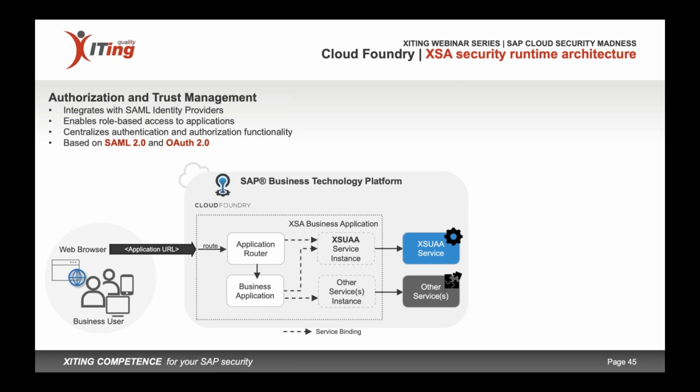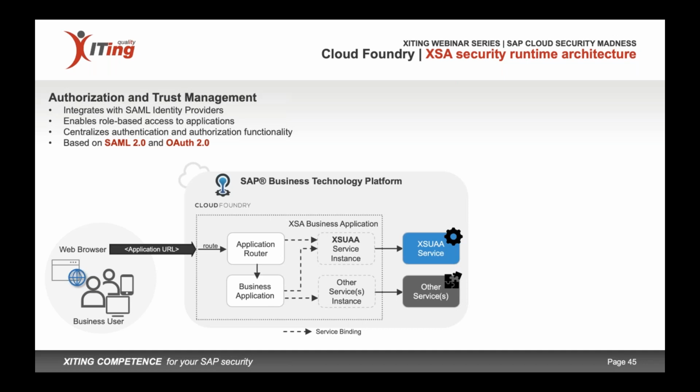So here, I try to summarize this very shortly. Here you can see more or less that the SAP Cloud Foundry environment offers the so-called extended application services advanced model, so the XSA, that enhances the Cloud Foundry model, which is called UAA, by adding additional functionality.